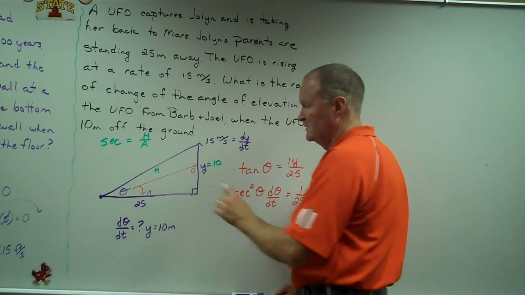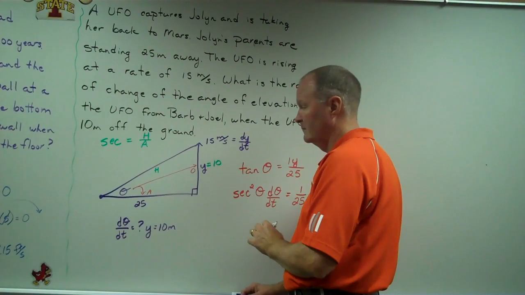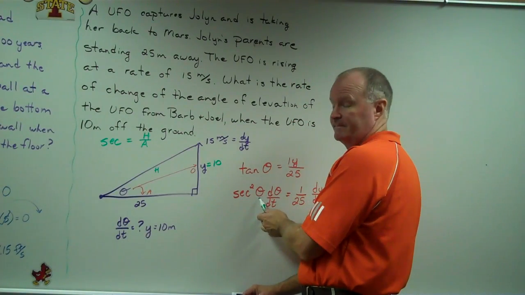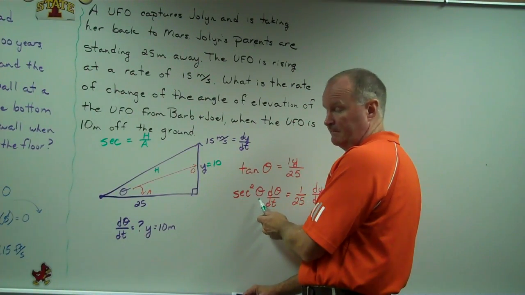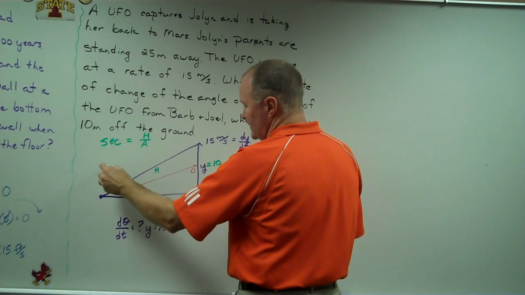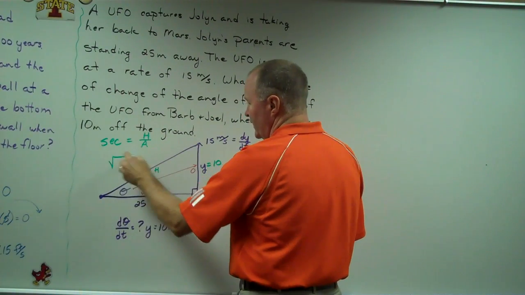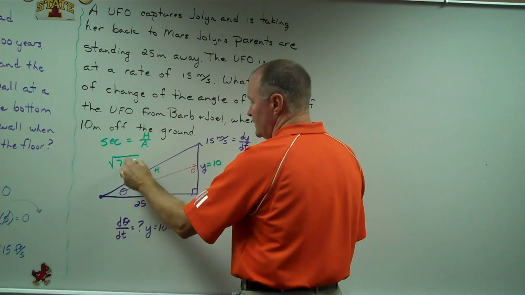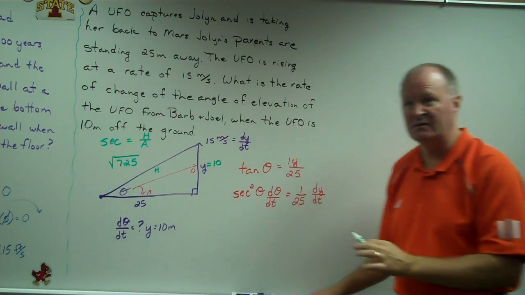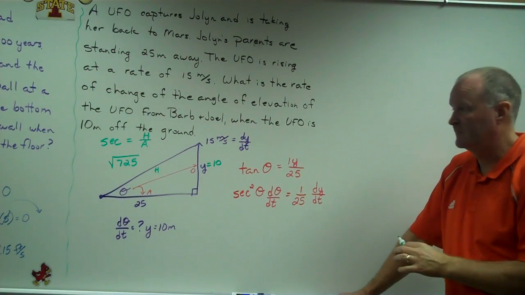Why are we using secant instead of tangent? Because I need the secant to plug it in. Oh, okay. And so that's the square root of 725. I'm going to leave it like that for now because it's just going to go away eventually anyway.